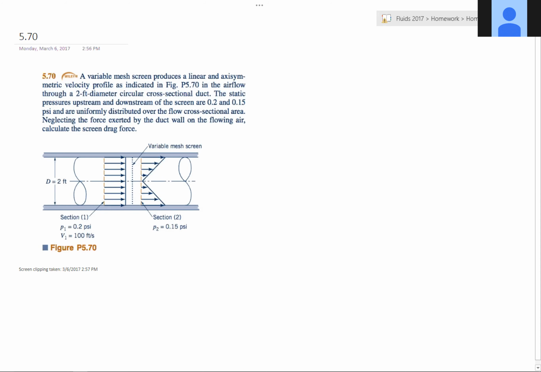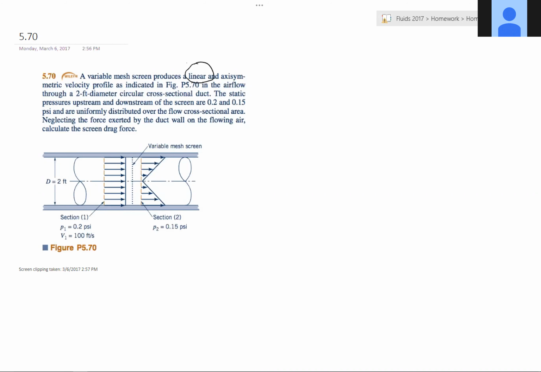axisymmetric velocity profile. So we've seen linear before, but the problem is this is a pipe. So we have airflow through a 2-foot diameter, circular cross-sectional duct. So we have the static pressures upstream and downstream, and they're different, uniformly distributed over the flow cross-sectional area.